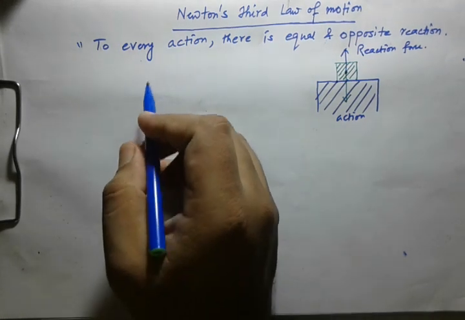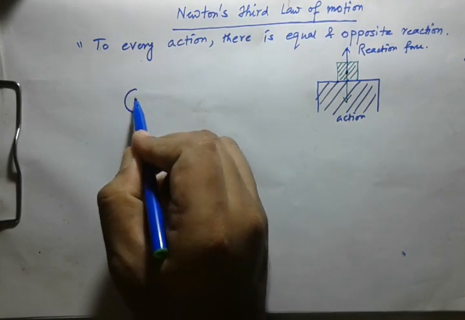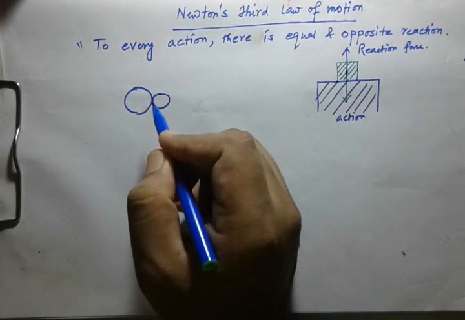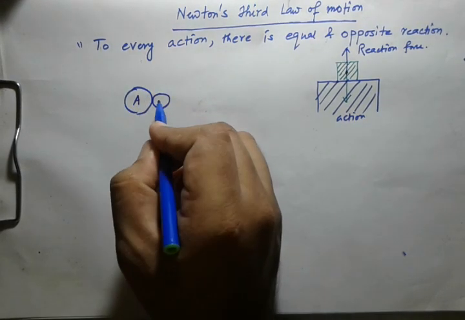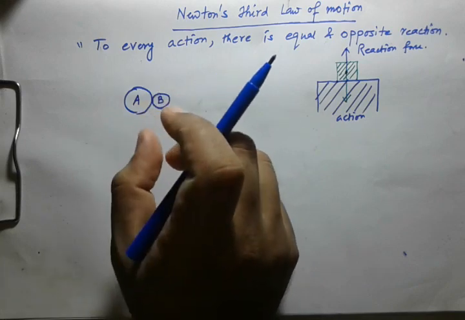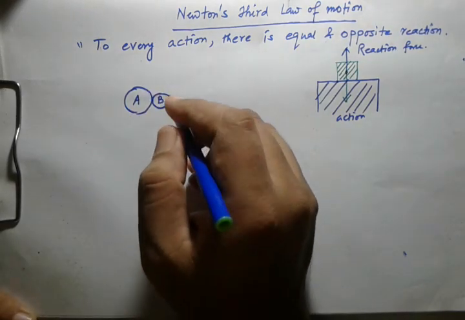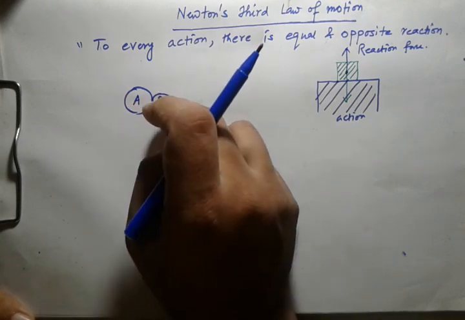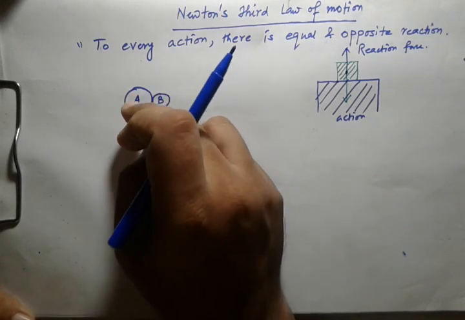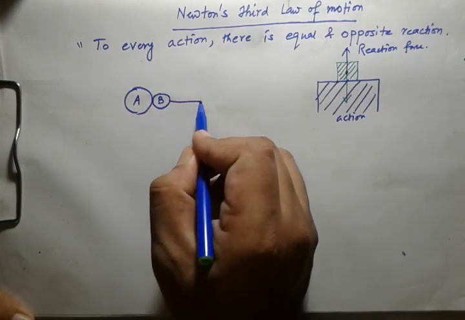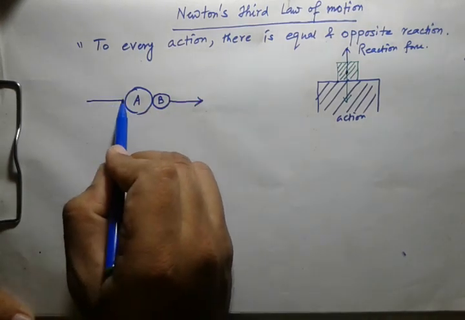Now I'll draw one simple diagram to explain this. Think about two objects, this is object A and this is object B. A and B collide with each other. What will happen? Object A will apply force on B, and object B will also apply force on A. I'll draw the direction of the forces.